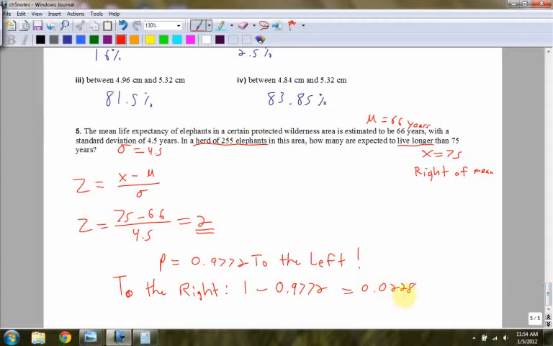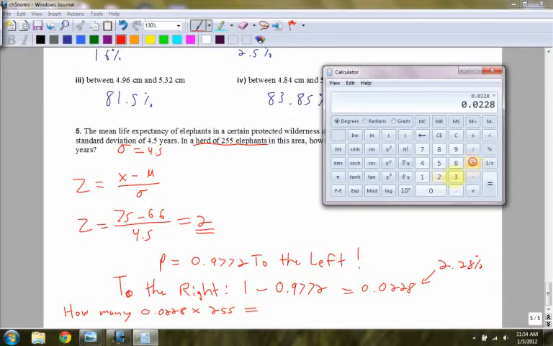That means that 2.28% is what lies to the right, but we want to know how many. So how do we figure that out? Well, we take our 2.28%, which is equal to 0.0228, and we take 2.28% of the amount of elephants that we have, which is 255, to see how many we're left with.